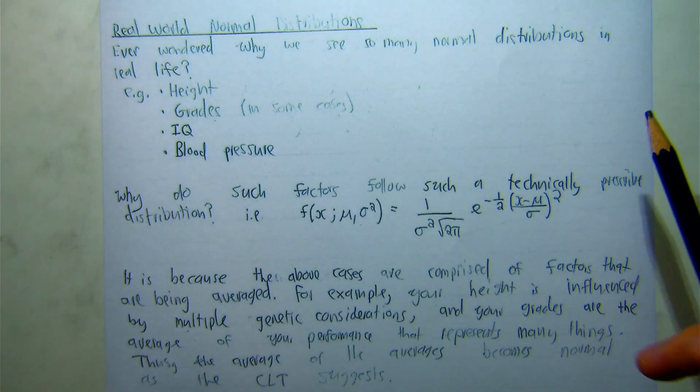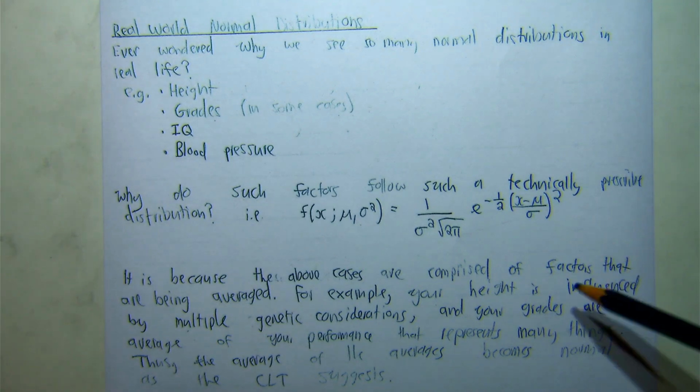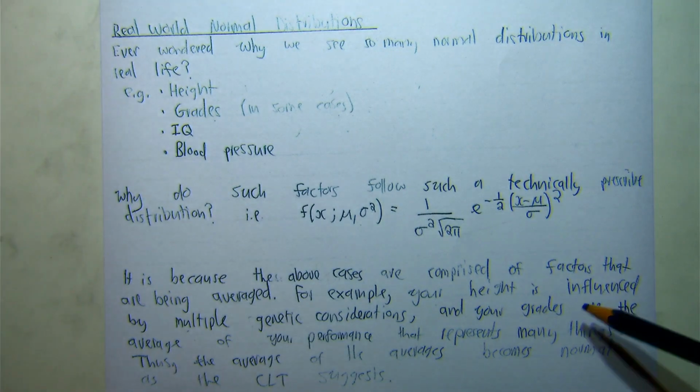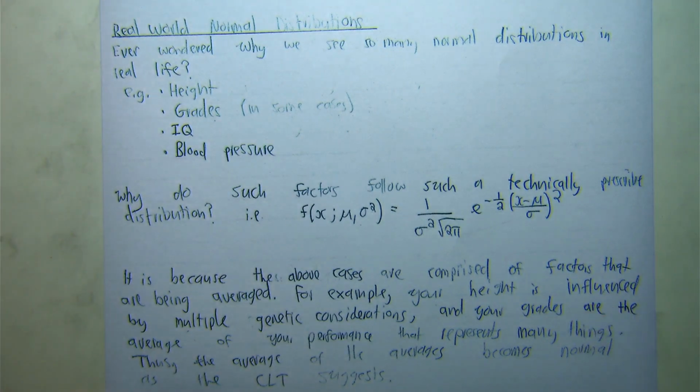So your height, which is influenced by multiple genetic considerations, if it's averaging across those considerations, then even though any one of those factors might not be normally distributed, the average is, and that's what makes your overall height normally distributed. Likewise for your grades or for your IQ or your blood pressure.